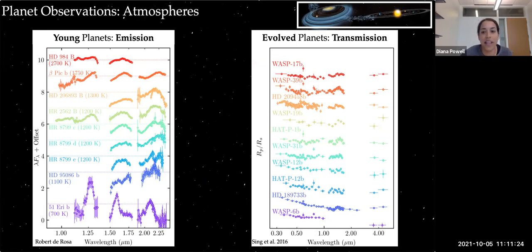And on the right, I'm showing a collection of transmission spectra for 10 hot Jupiters, which are highly irradiated Jupiter-like planets. Despite the detail we can observe in these objects' atmospheres, these observations are often hindered by opacity sources, such as clouds and hazes, that can obscure compositional features and other planetary properties.